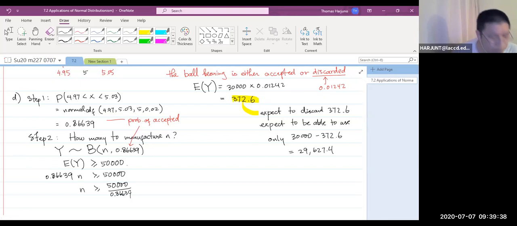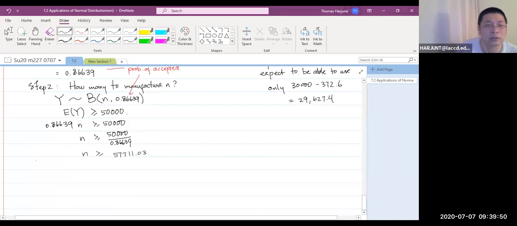I will use the result from my calculator. I get N is at least 57,711.03. So at least use, or at least 57,712. I always round it up.